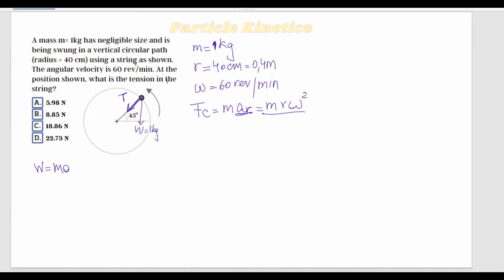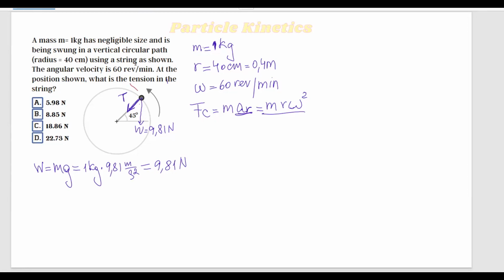Okay, mg, and this is going to equal 1 kilogram multiplied by 9.81 meters per second squared, which is 9.81 newtons. So we have the weight equal to 9.81 newtons.